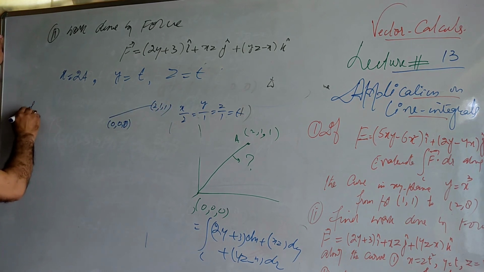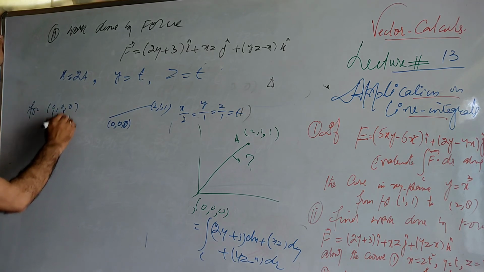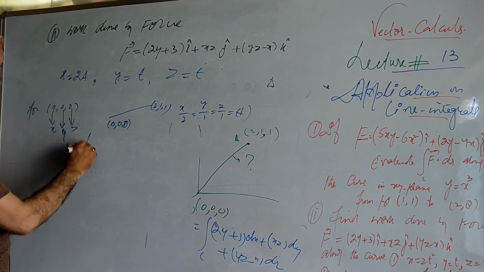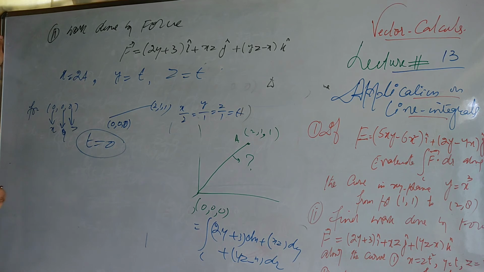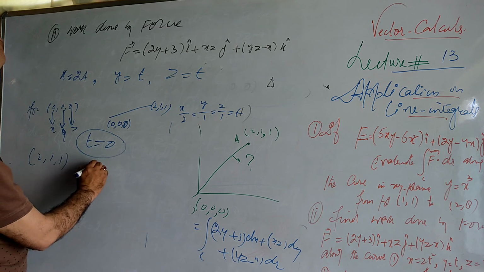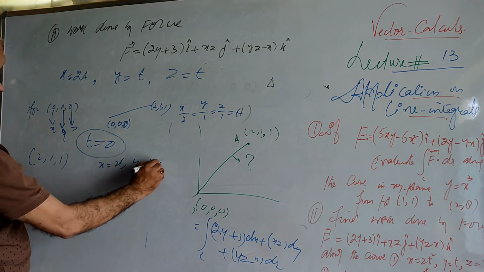When you have 0, 0, 0, what do you mean? You will place x0, y0, z0 in this, so you will get t is 0. Okay, when you take 2, 1, 1, means you have to put x is 2t, y is t, z is t.